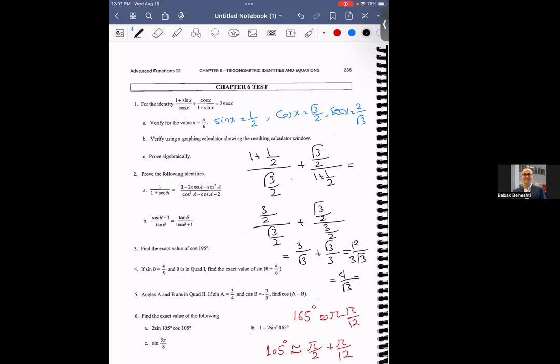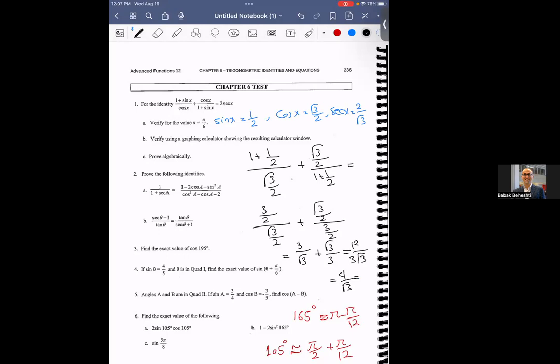Now verify using a graphing calculator. Most calculators don't have graphing, but you can neglect this, though it's fun to see the graphs of these two functions.